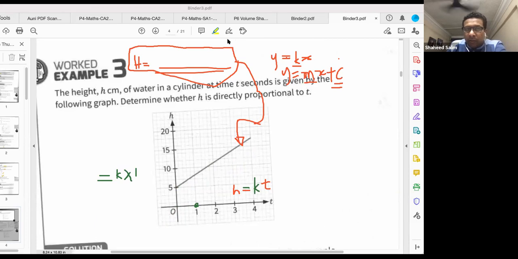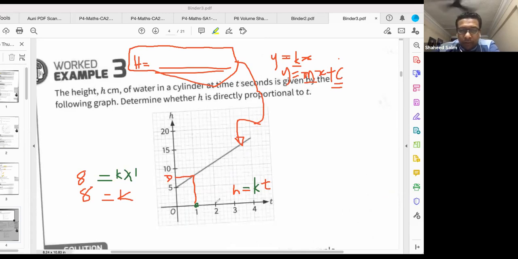So let's see now, what is the value of H? We use down here. You draw up from 1, you reach here, and what do you get? You get number 8. So when the value of T is 1, K times 1 is K, right? K equals 8. But let us see whether the value of K changes.